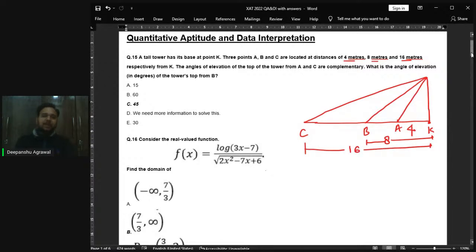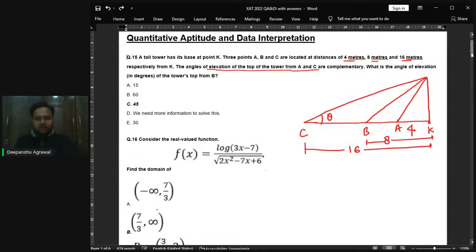Okay. Now, it is also given that the angles of elevation of the top of the tower from A and C are complementary. So if this is suppose theta, then this is 90 minus theta.